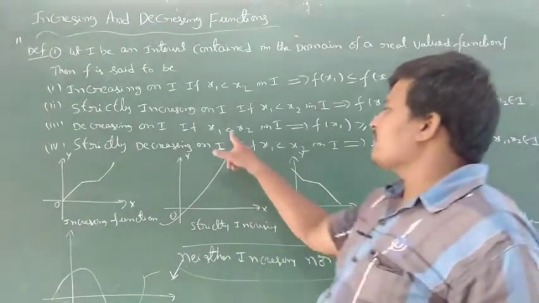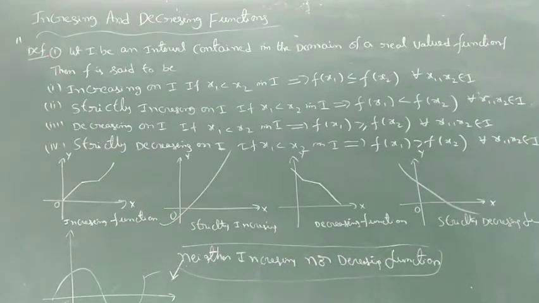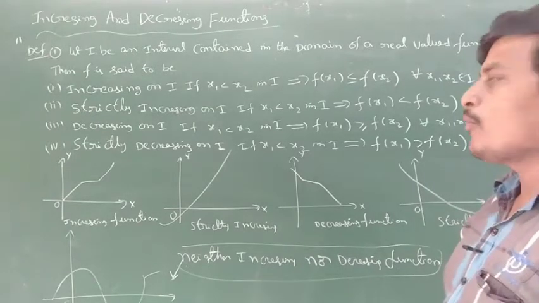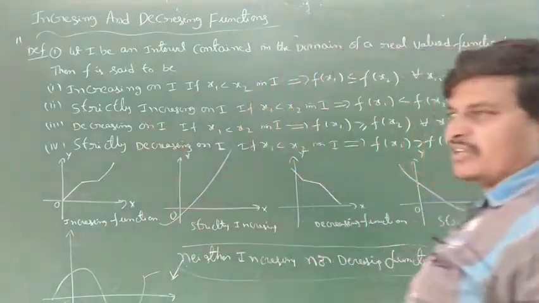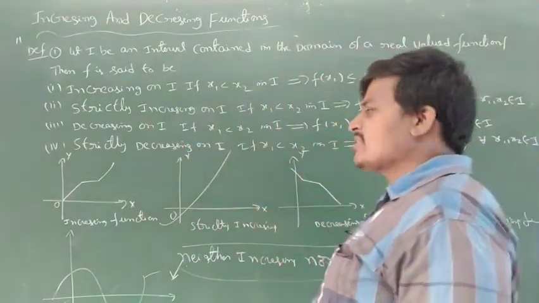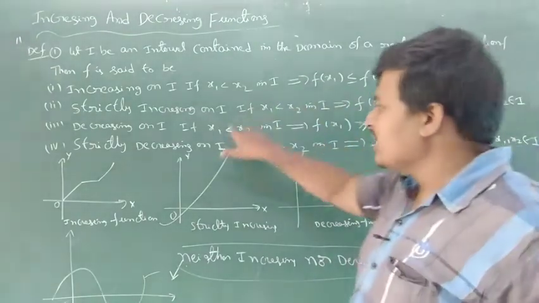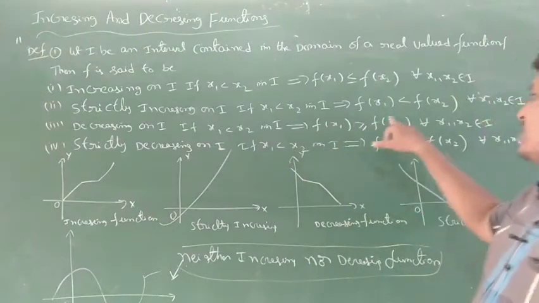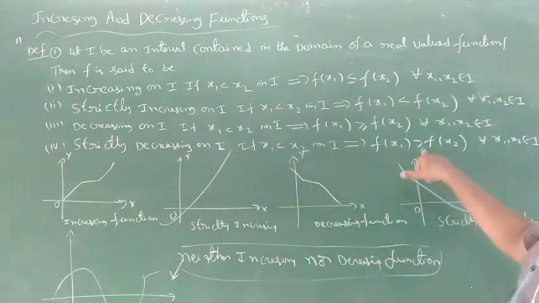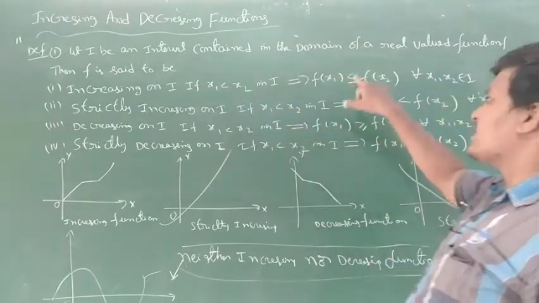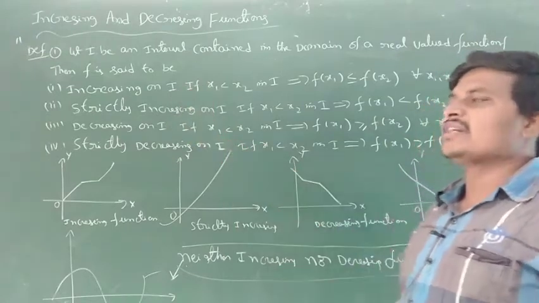Here it is totally reversed: less than becomes greater than or equal to. Strictly decreasing means less than implies greater than. Increasing means less than implies less than or equal to, and less than implies less than means strictly increasing.